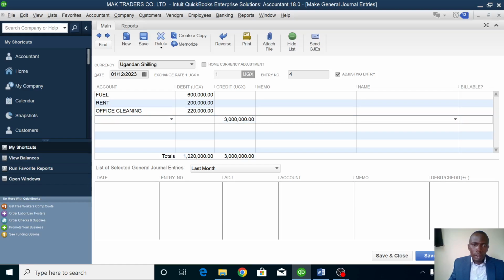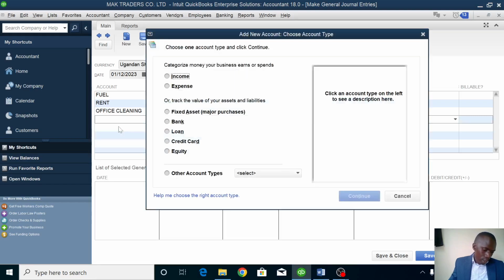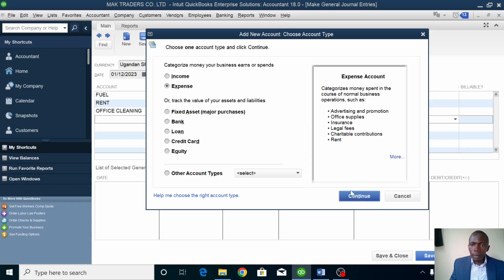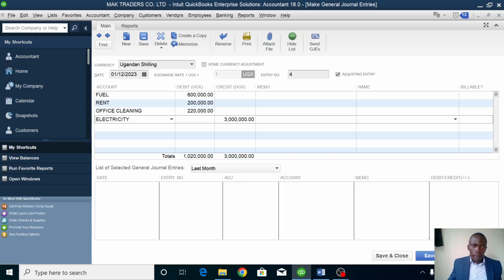Got our next expense. We also created electricity. Electricity. Save. Our amount for electricity was 480,000.